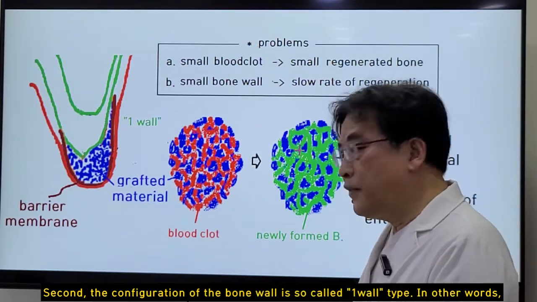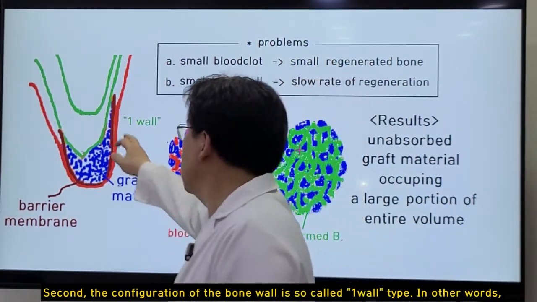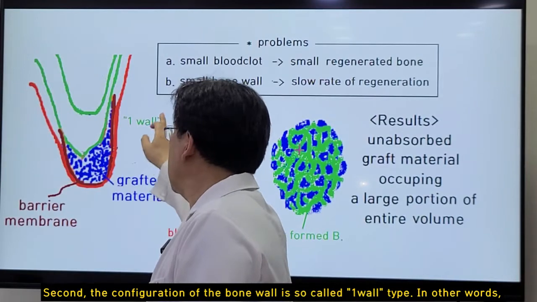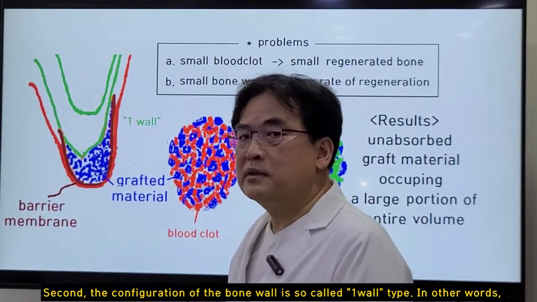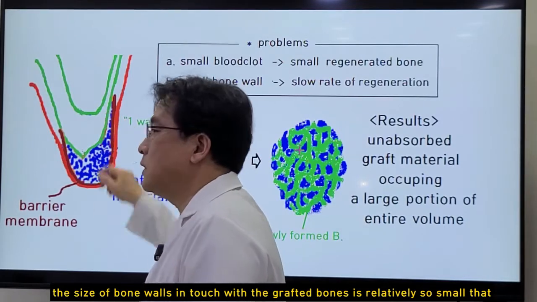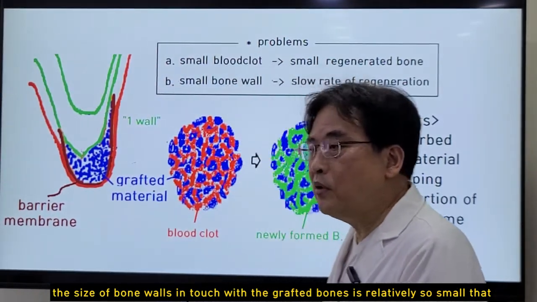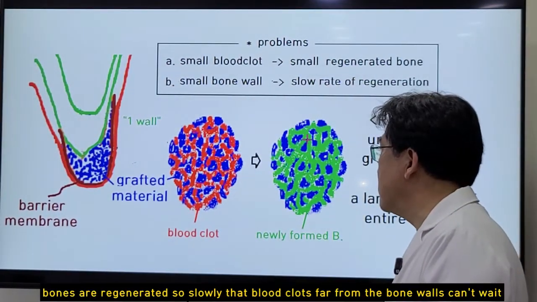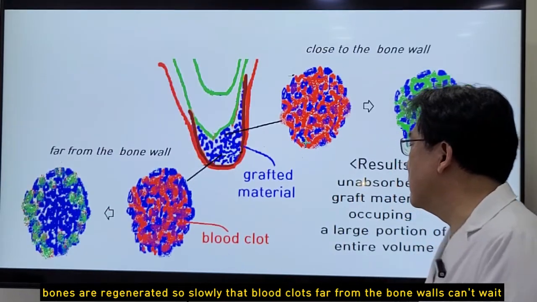Second, the configuration of the bone walls is the so-called one-wall type. In other words, the bone wall in touch with the grafted bone is relatively small, so the bone will regenerate very slowly.